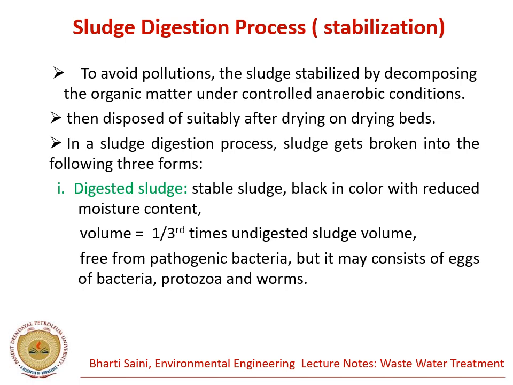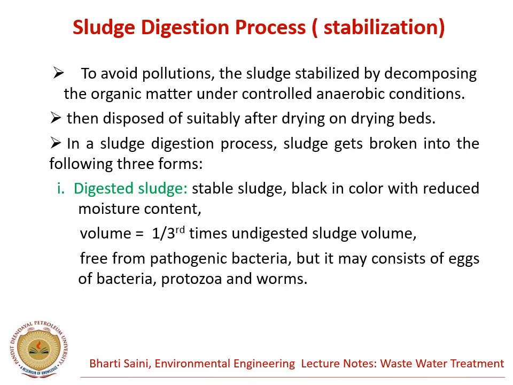In a sludge digestion process, the sludge gets broken into the following three forms. First is digested sludge, second is supernatant liquor, and third is the gases of decomposition. Let us discuss the first form, which is the digested sludge.